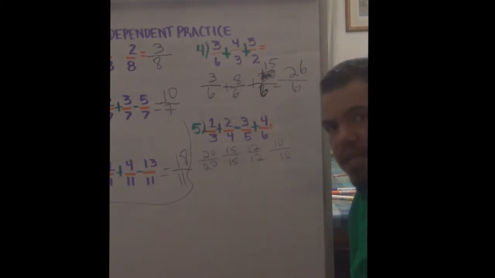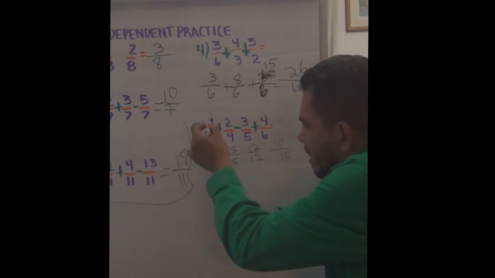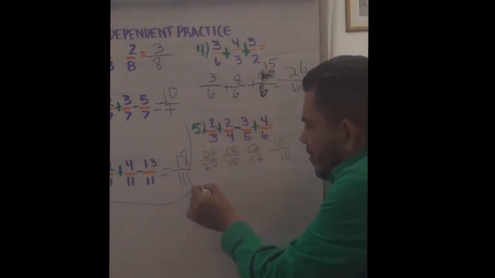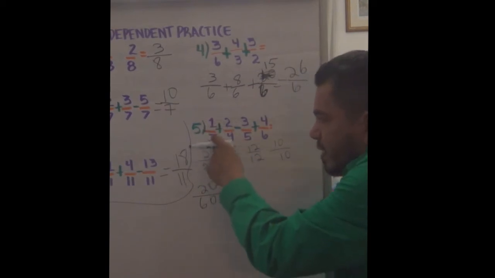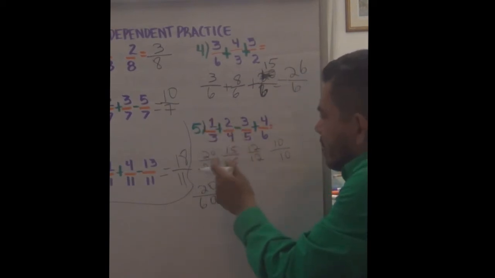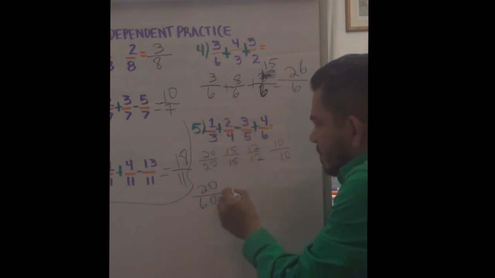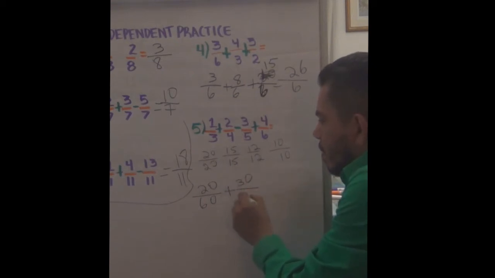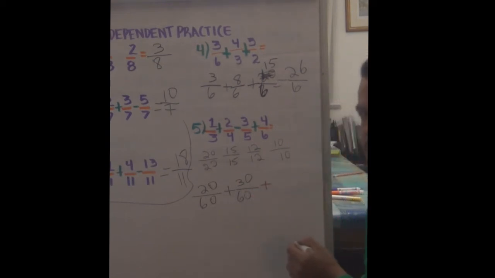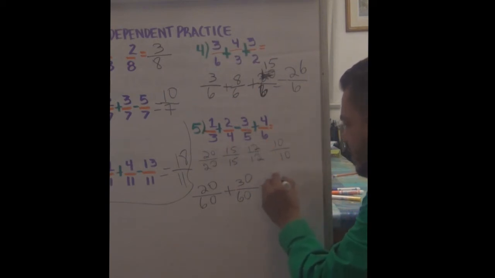So let's go right ahead and do it. Okay, if I multiply by 20 over 20, I'm gonna end up with 20 over 60. Correct? 1 times 20, 3 times 20. Okay, and now when I multiply this by 15, and that's plus, right? 15 times 2 is 30 over 15 times 4 is 60, plus, okay, 5 times 12 is 60, 3 times 12 is 36, so this is 36 over 60.